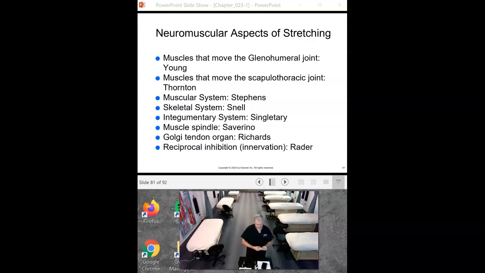In between these structures are 2 muscles, namely the subscapularis, one of the rotator muscles, and the serratus anterior.